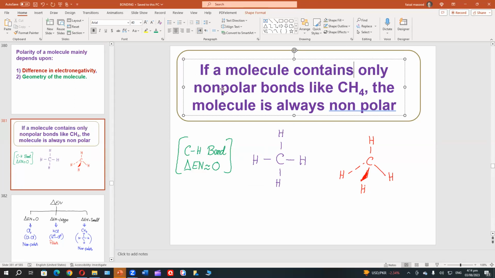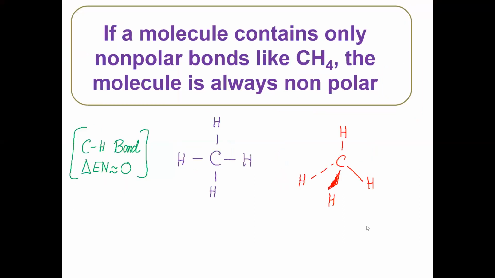If you want to check the polarity, what is the first thing to check? That the bonds are polar or not. Now look at this. The C-H bond is non-polar because the electronegativity difference is very small.